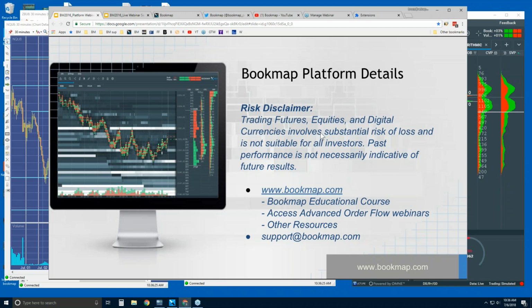So the concept here is you get education, you can access that 4-part course at any time, and then you can see it in the live market every day and start to understand how to read the order flow and how to anticipate future price movement.